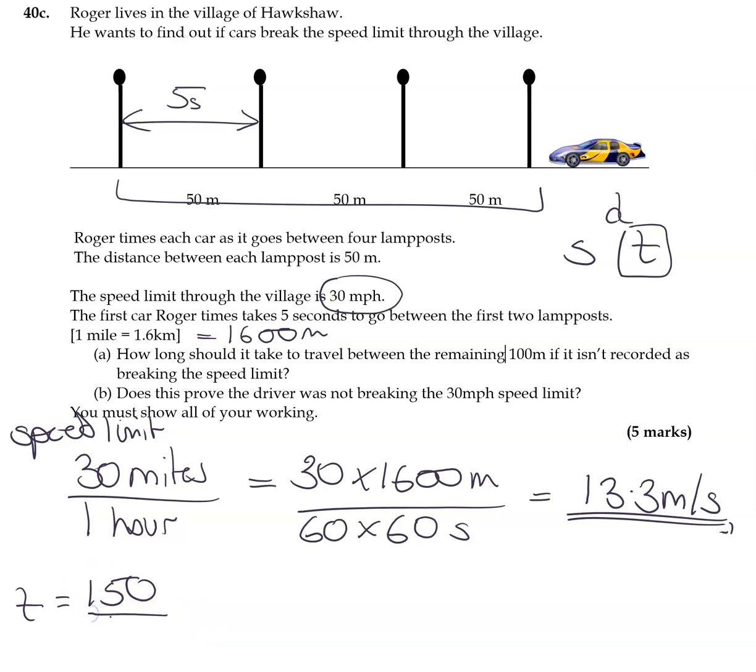So 150 metres over the speed. So 150 divided by 13.3. And we get, if I go one decimal place, 11.3 seconds.